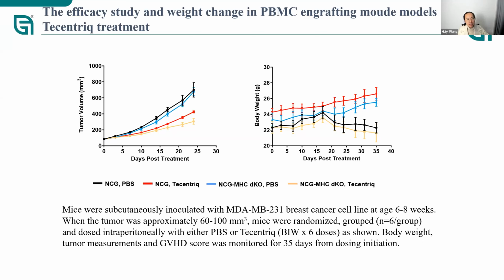But around day 20, there is a decline of body weight in the PBMC NCG group, while the body weight of the PBMC NCG MHC-DQ group is very stable, which means the PBMC NCG MHC-DQ mouse model is an ideal model to conduct PD-L1 test article efficacy studies, with a very stable life status and body weight.